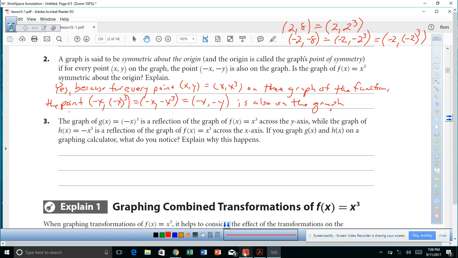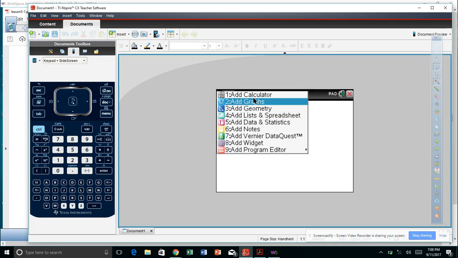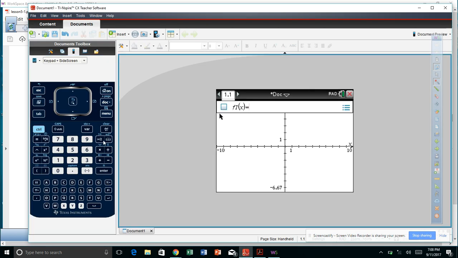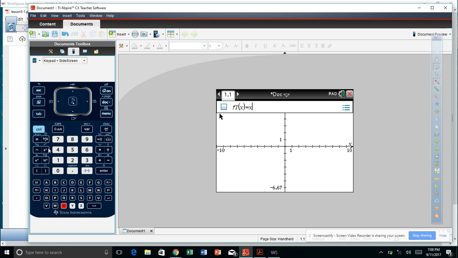Well, let's try that. Let's go to graphs here, and we'll graph x cubed, and there it is. Now, the second one was g of x, (-x) cubed. So open parentheses, -x, close parentheses, caret 3.